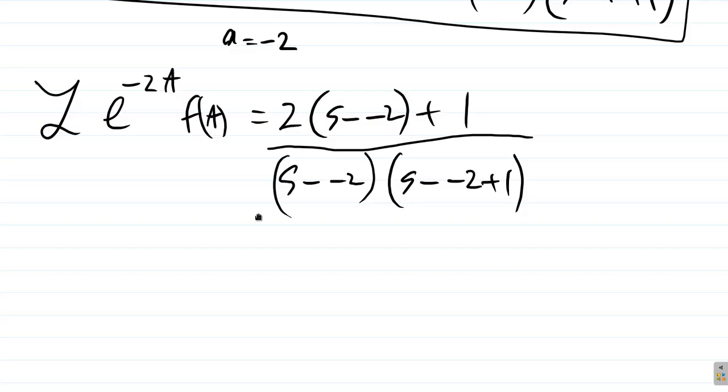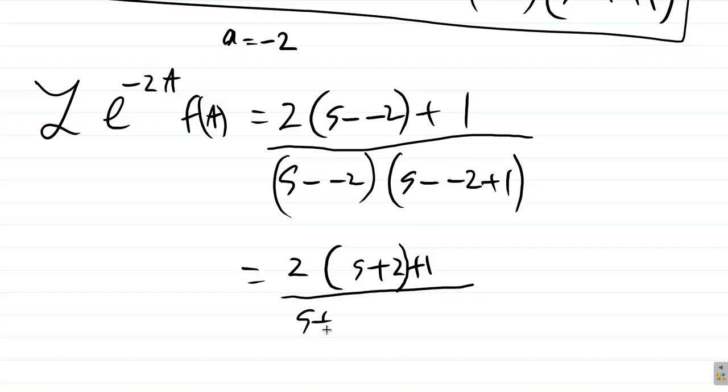So here now, what we do is see if we can simplify this. So this is 2 times (s + 2) + 1, because s minus negative 2 is the same as s + 2. Oh, the 1 should not be in the bracket. The 2 is only multiplied by the s minus negative 2. Alright, over (s + 2), and that's multiplied by (s + 2 + 1).